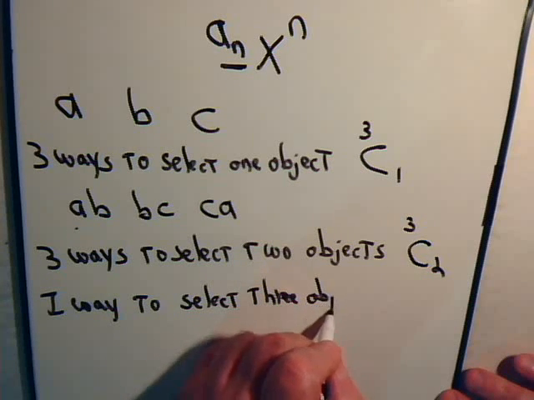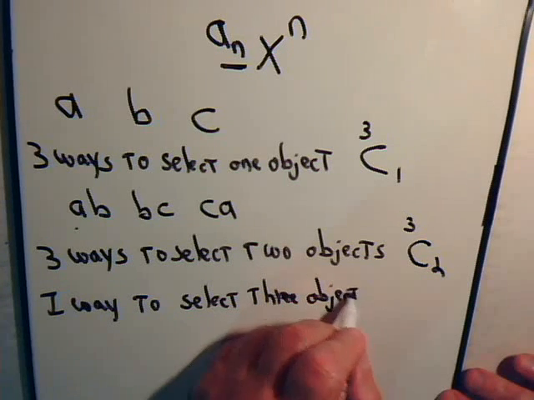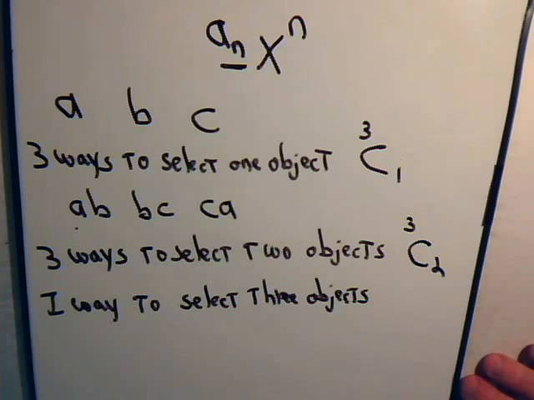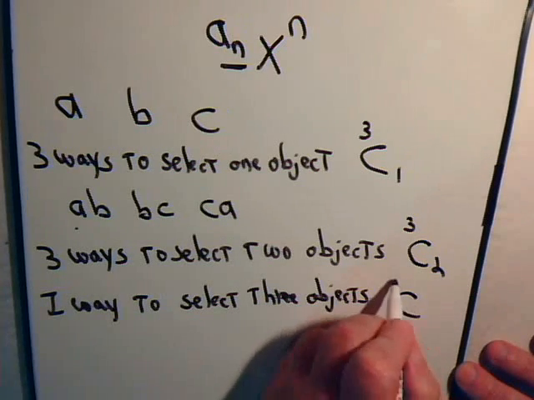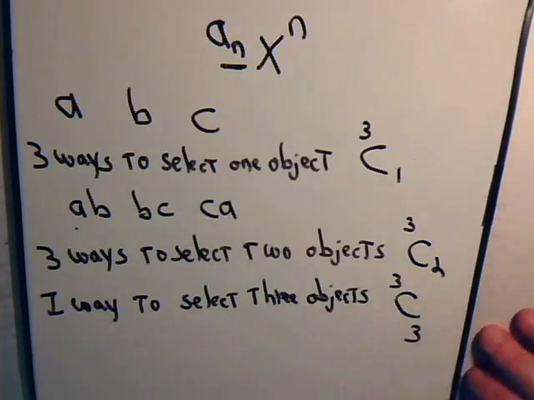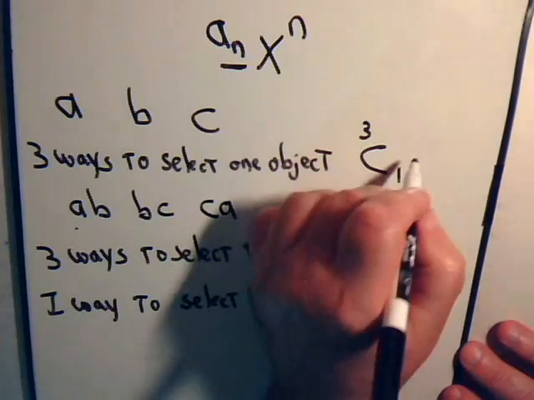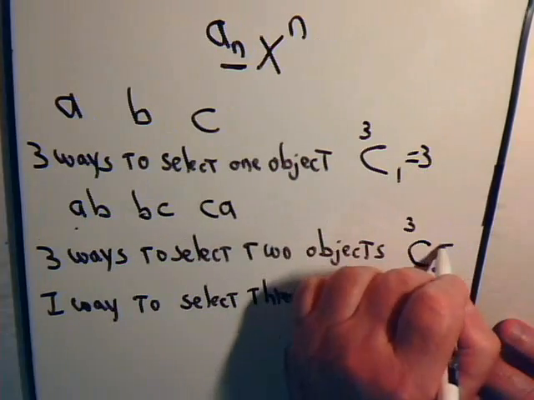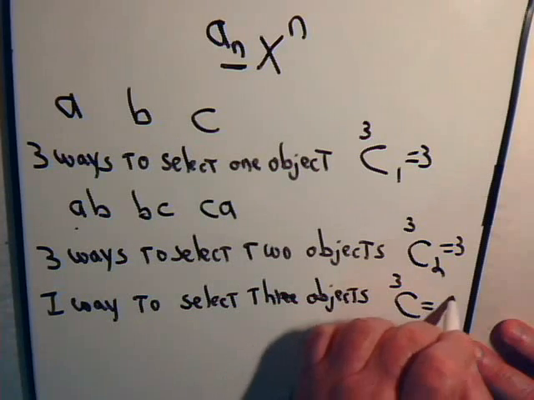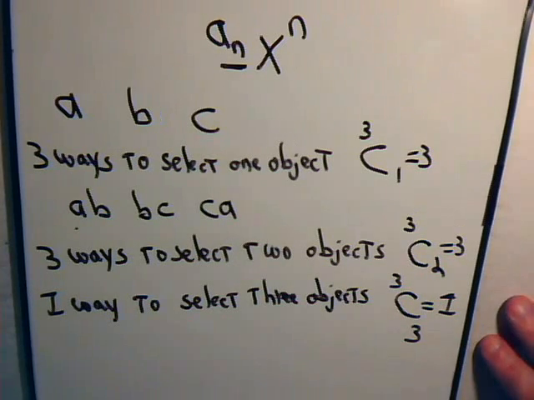And of course, before, we would have said, well, if you wanted to select 3 objects from 3 objects it would be this, and of course this equals 3, this equals 3, this equals 1, so there's no surprise here.